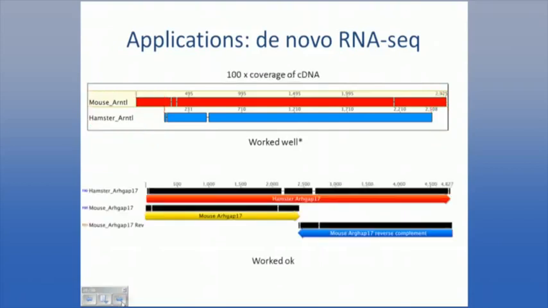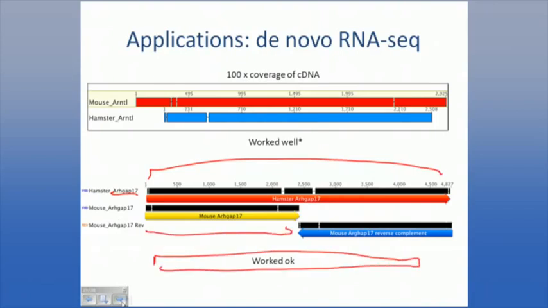Here's an example where it worked okay, but not quite as well. So here's an example of a gene called AHR-GAP17 that doesn't exactly roll off the tongue. And here's the hamster assembly that we got from Trinity. And when we compare that to the mouse form, we actually see this pretty weird inversion where the mouse form, which of course normally goes 5' to 3', works fine. In this case, because of the eccentricities of the algorithm, it actually mapped the hamster form incorrectly.